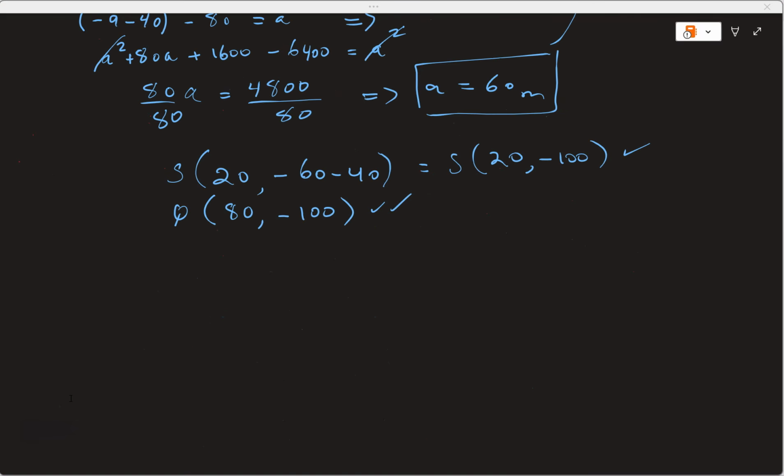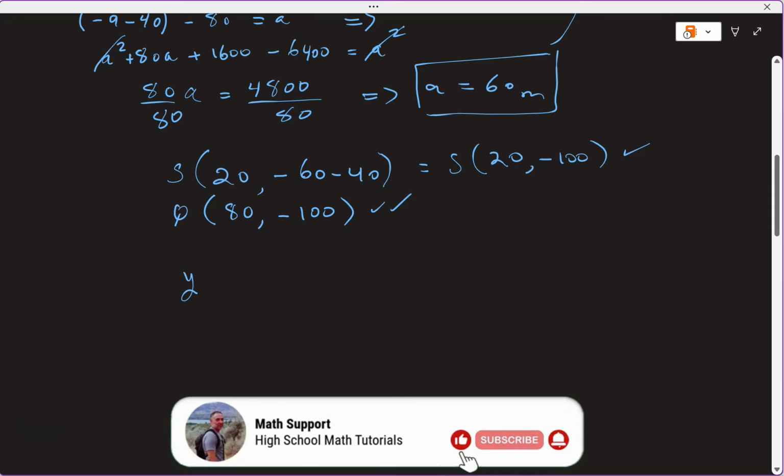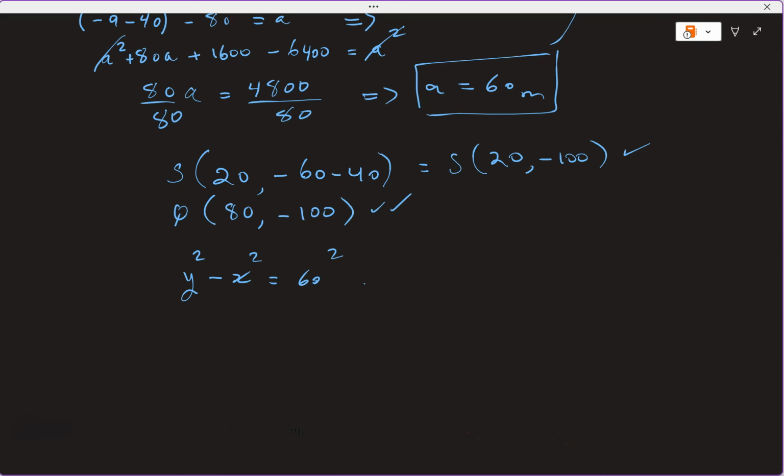But before that, let's write up the equation of the hyperbola. That's y squared minus x squared is equal to 60 squared. That's what that is because we just found a. Remember that was a squared. So this is the equation of the hyperbola that we have drawn.